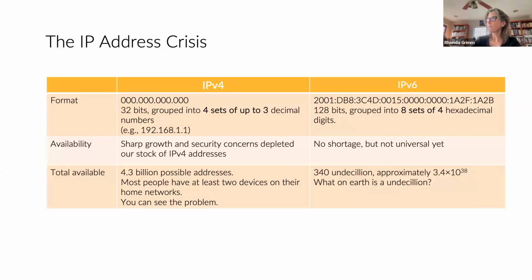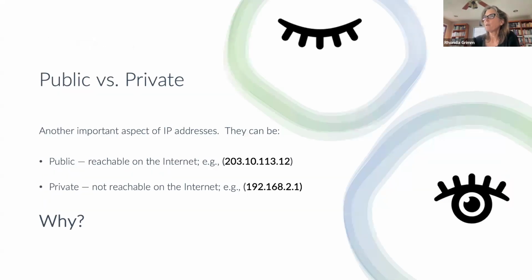So enter IPv6, which gives you 340 undecillion, whatever that is, addresses. So there's no longer any shortage or worry about running out of IP addresses, but they're not universal yet. You'll see them here and there, but not always.